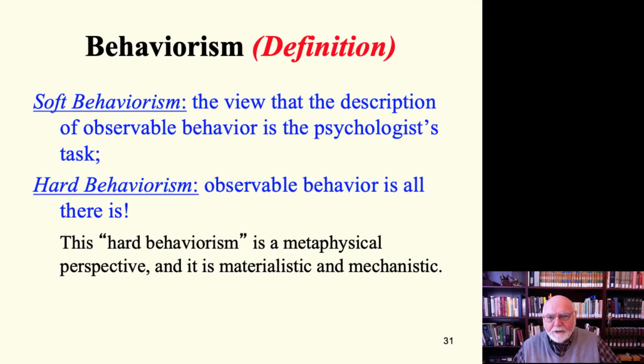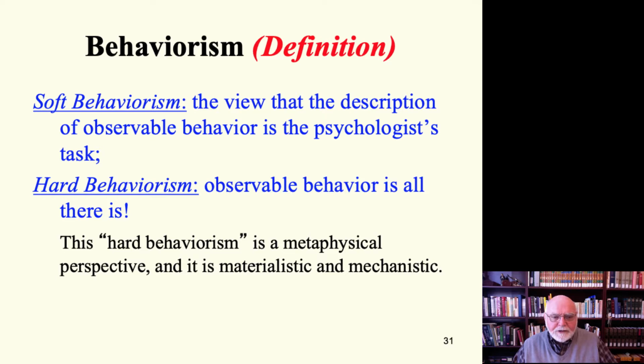Soft behaviorism is a view that the description of observable behavior is the psychologist's task, whereas hard behaviorism says that observable behavior is all there is. In other words, the only thing you can talk about regarding behavior is what actually happens. It's metaphysical. It doesn't take into account, in a sense, motive.